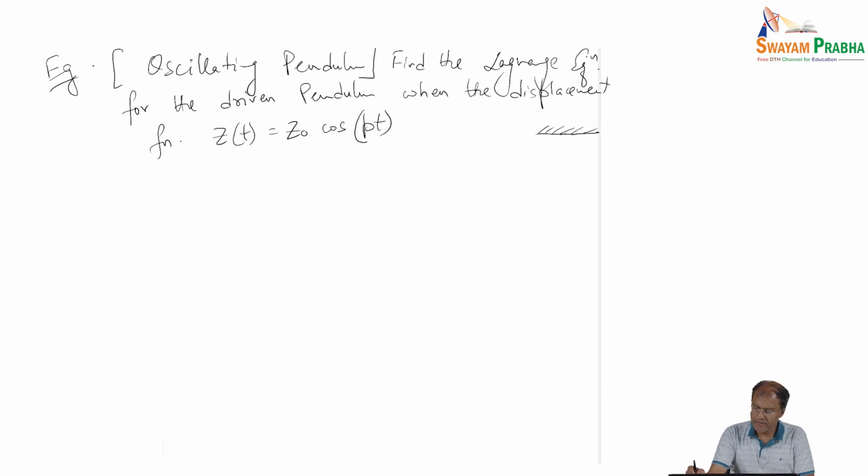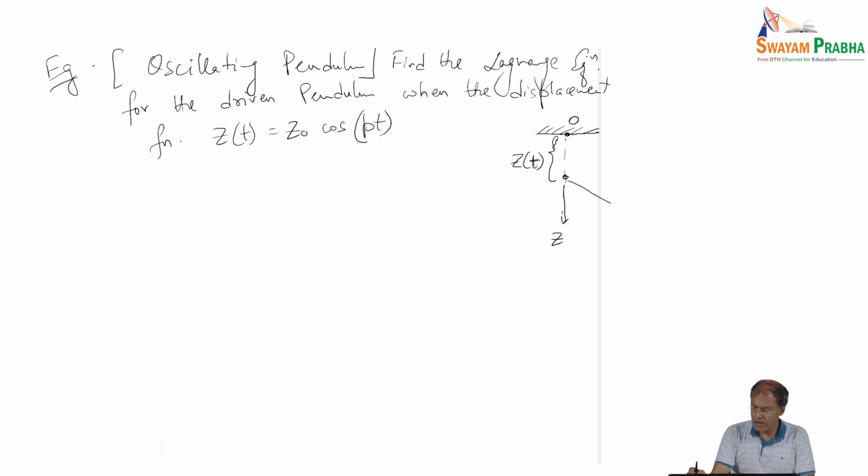So we have the point of support O, and from here we have a pendulum which is not your regular pendulum. Why? Because the pendulum doesn't have a fixed point of support. The pendulum is moving up and down, z of t given by the vertical distance z of t, and this is the vertical distance downward.